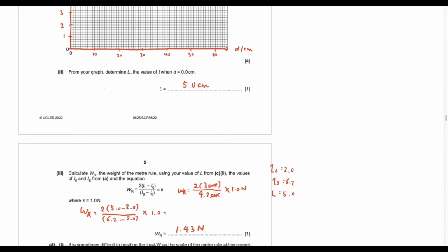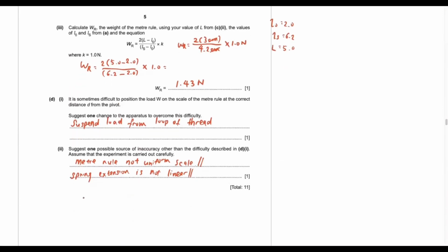So it will be easier to say that the load is not exactly 1.0 Newton. You're supposed to put 1.0 Newton on the spring, but maybe the load is not exactly 1.0 Newton, and then it causes inaccuracy. So this is the easier point, the last point.